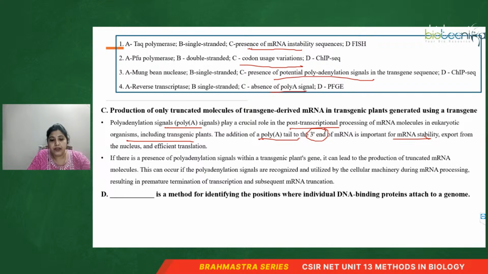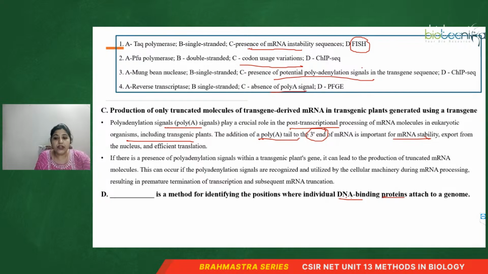And statement D: dash is a method for identifying the positions where individual DNA-binding proteins attach to a genome. Again, it's a very direct statement. You just have to recall the technique. It's definitely not fluorescence in situ hybridization, where we detect a particular DNA sequence in our sample. Here the interaction is between DNA and protein.